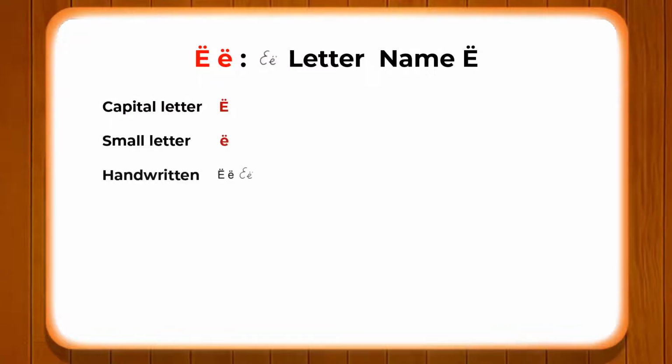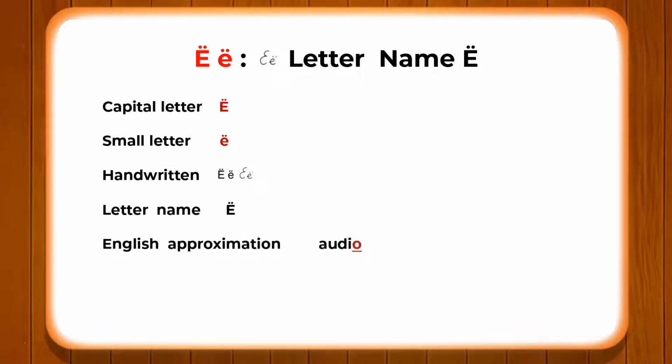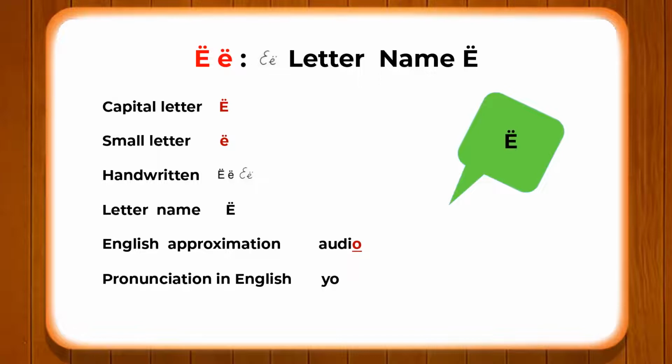The next letter is very interesting. As you can see, it is known as yo. As we have seen with the English words where we find approximations, in this case we have the English word audio, yo as in audio.